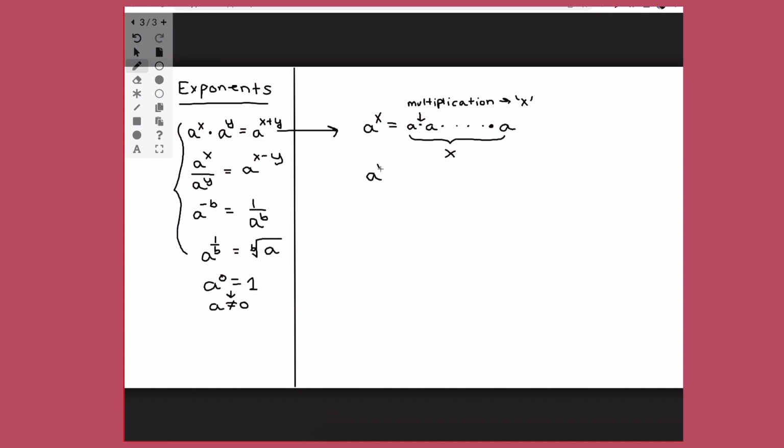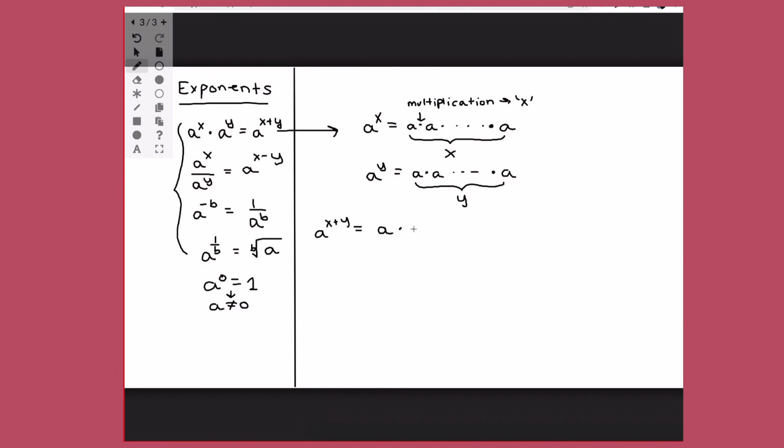Now, similarly, we can say a to the power y is equal to a times a times a, multiplied by itself y times. So if we want to multiply a to the x times a to the y, then we could just look at the expanded forms of the exponents.